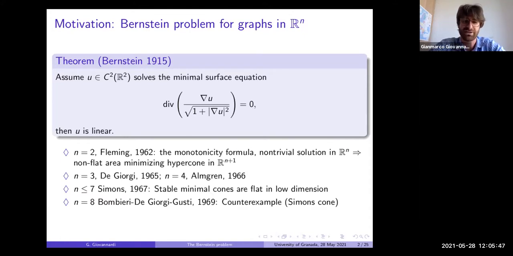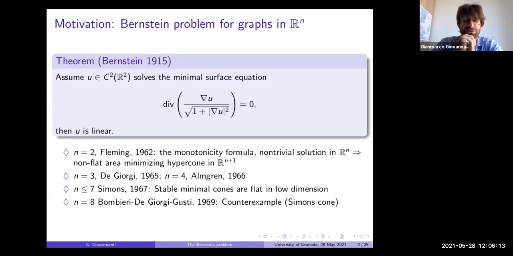Later, De Giorgi and Almgren showed that in dimension 3 and dimension 4, there are no area minimizing hypercones. And we have to wait until 1967 when Simons showed that all stable minimal cones are flat in low dimension. By low dimension, we mean that n is smaller or equal than 7.